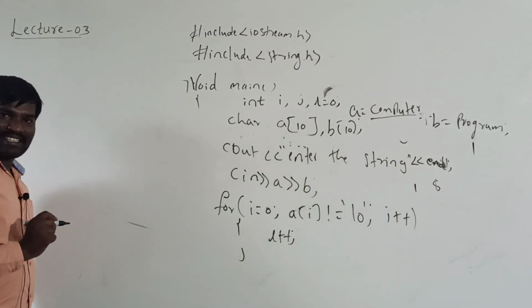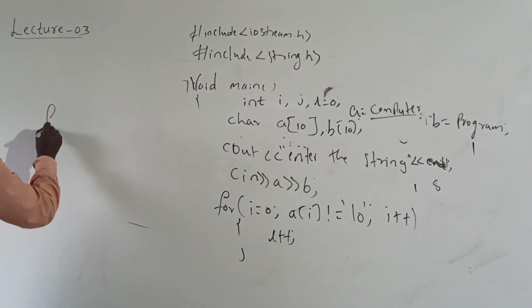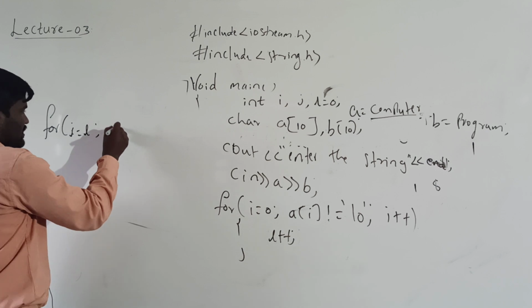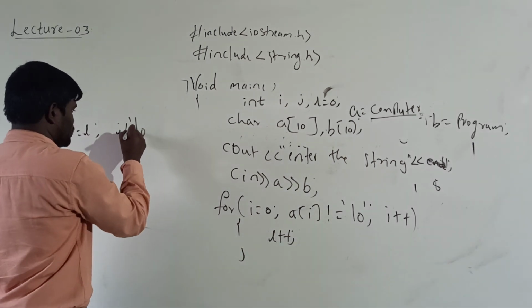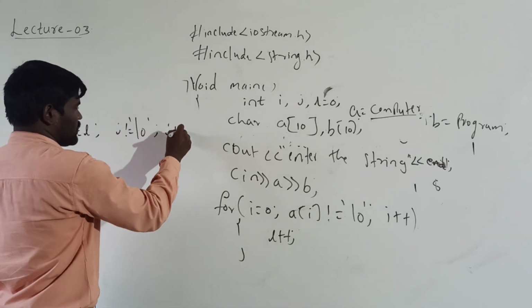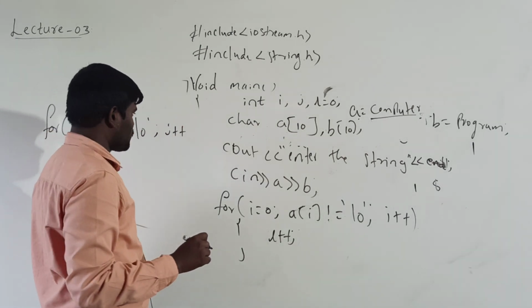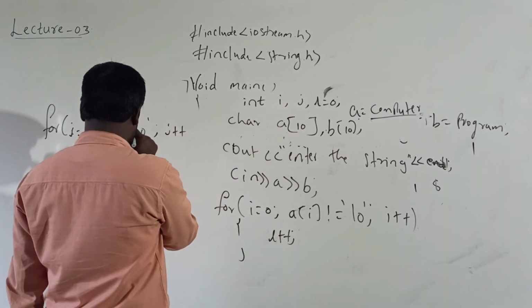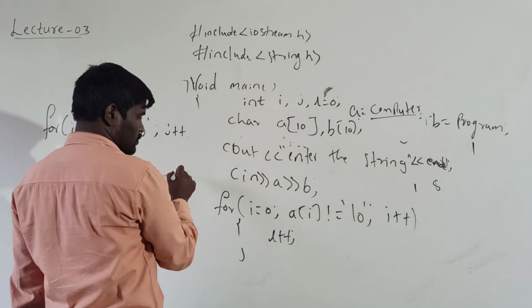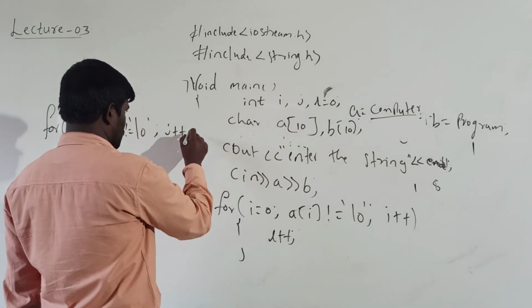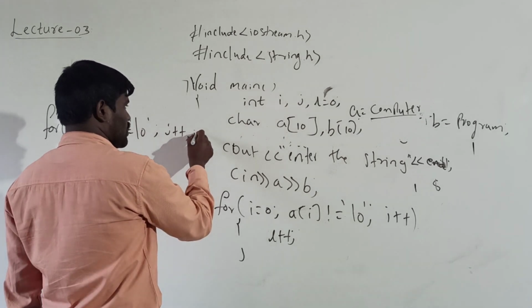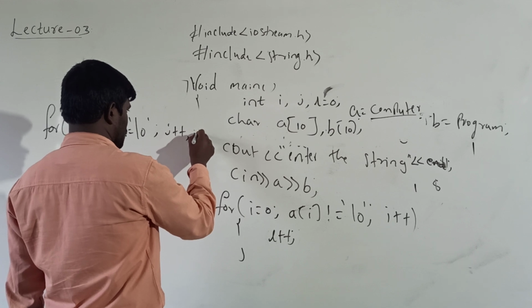After finding the L value, next we again write for j = L, j is not equal to the null character, j++, comma, i++.